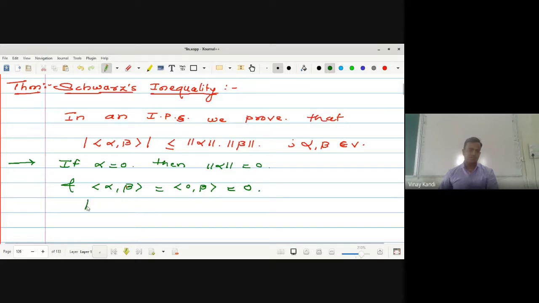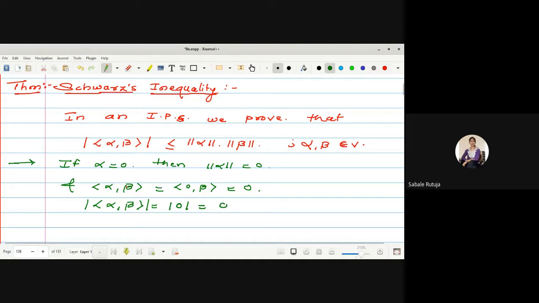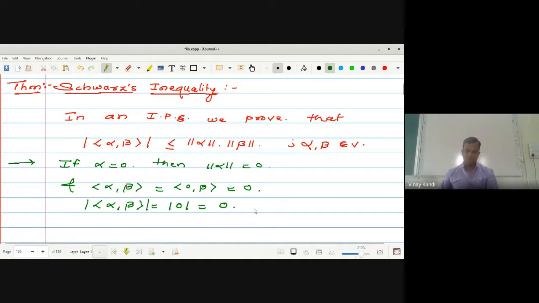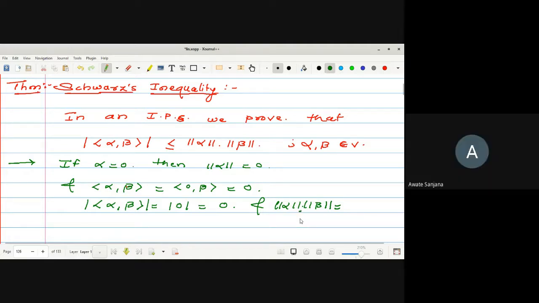And what is the modulus of the inner product of alpha and beta? Modulus of 0 is equal to 0. And on the right hand side, norm of alpha into norm of beta is equal to what? Again 0.